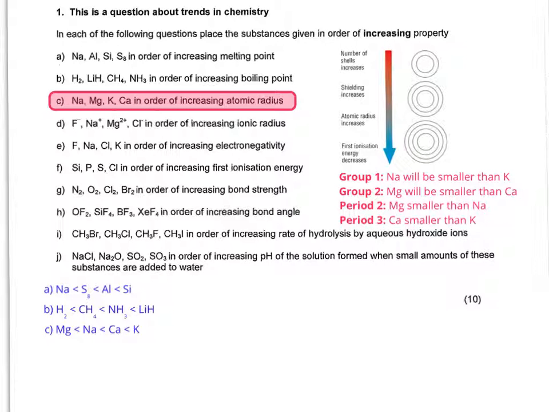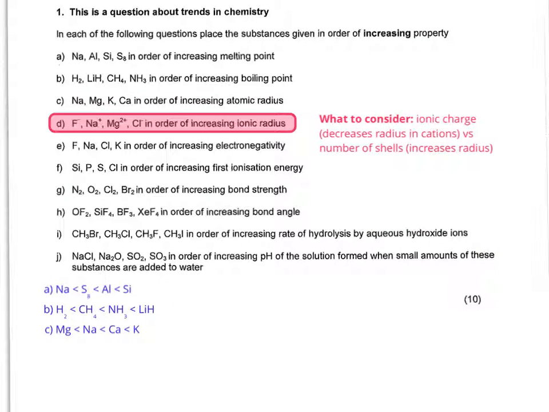So if we then move down a bit, it's a similar kind of story, isn't it? This time we're considering ionic charge, the decreasing radius in cations. So the ionic charge, as it gets bigger, decreases the radius in positively charged ions. You've also got to think about the number of shells, which obviously increases the radius in positive and negative ions.